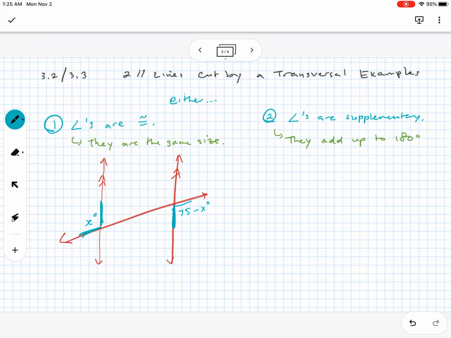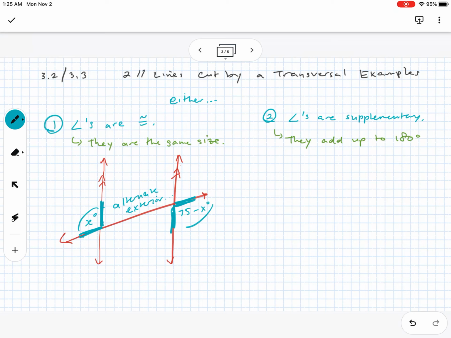Then what I need to do first is look at these angles, these pizza slices, and ask myself, are they the same, or do they add up to 180? And if you remember from the previous page, these angles are called alternate exterior. And one thing that we've learned is that alternate exterior angles are congruent.